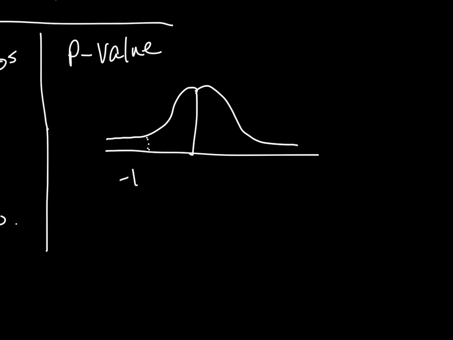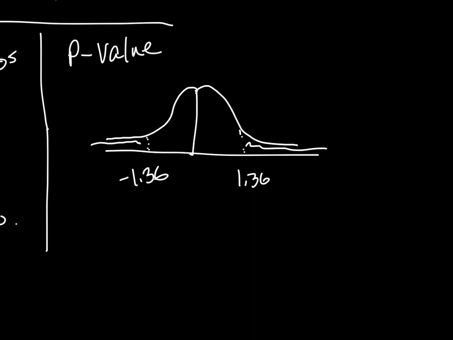Okay, now here is where we've got to do a little thinking. It's a two-tailed test. So am I looking for left tail area, or am I looking for right tail area? The answer is I'm looking for both. So I'm looking for this left tail area. So we're going to find the area to the left of negative 1.36. And then we'll go over here to positive 1.36 and find the right tail area associated with that. So whatever your test value is, change the sign on it and find the other area as well.